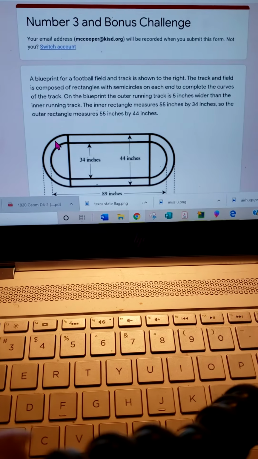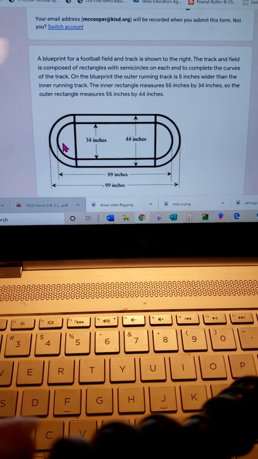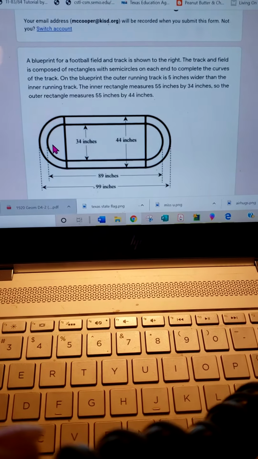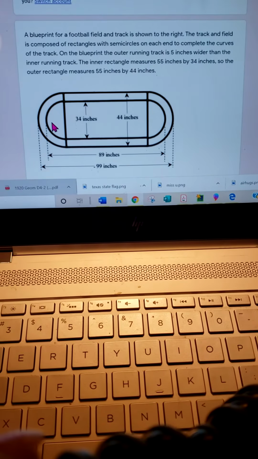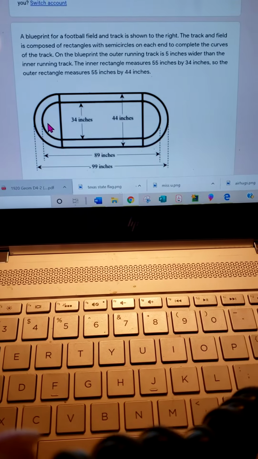Okay. So that 55 inches is important. It's written but not drawn on there. So I did put that on my drawing later on because we do need that.